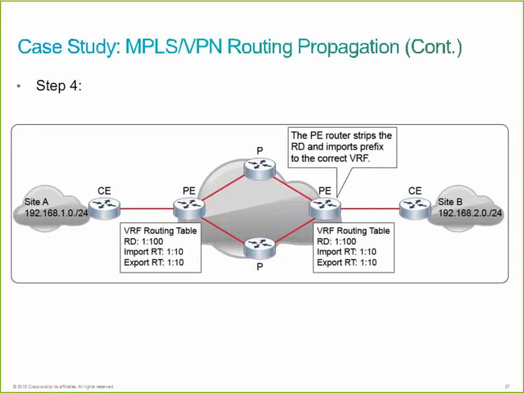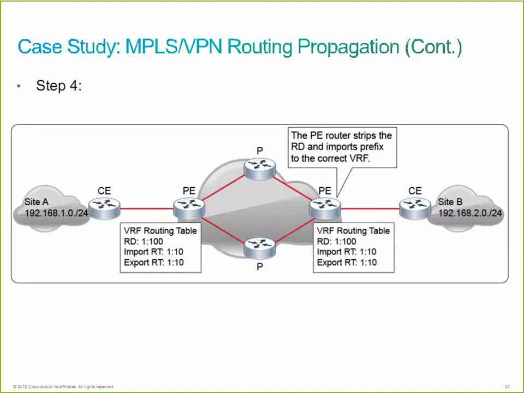It's going to import the IPv4 prefix into the correct VRF routing table based on the import route target. Remember, the PE router uses that route target that it received with the prefix to choose the VRF that the route's going to go into.